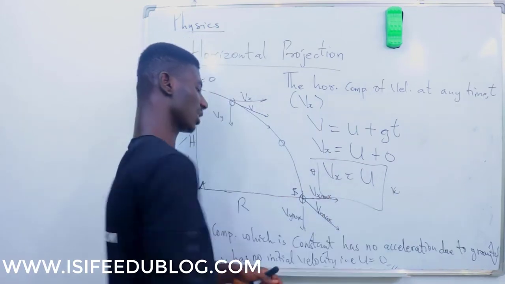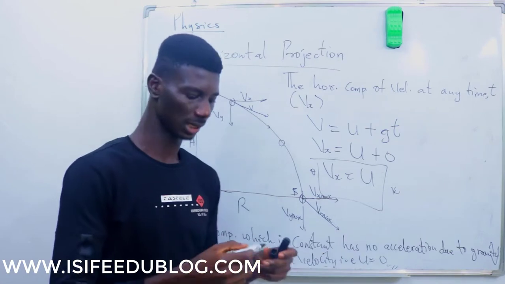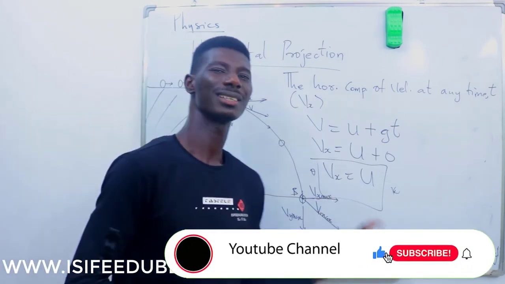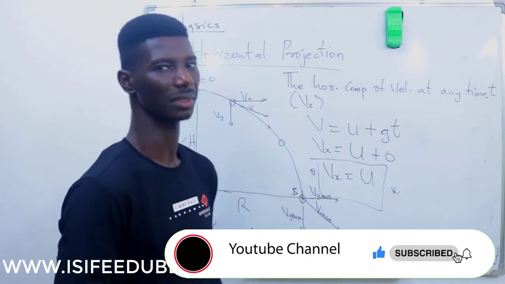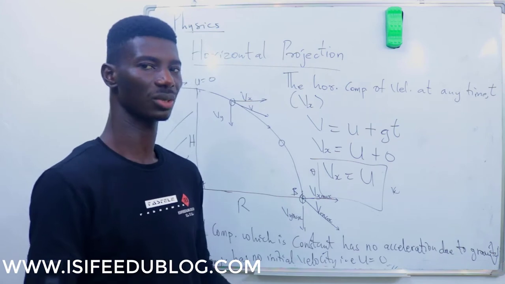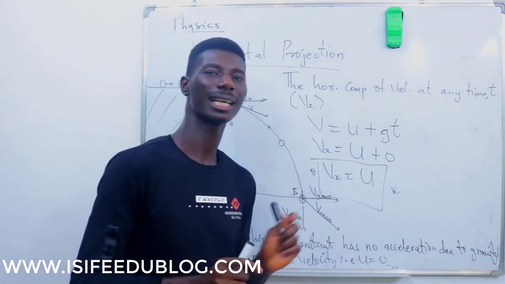Always note this. This is the reason why we say that the horizontal component of the velocity is always constant. So in case they ask you quickly in the hall, what is the horizontal component of the velocity after 2 seconds? You don't need to stress your life. There's nothing to solve. Just know the initial velocity in that question.